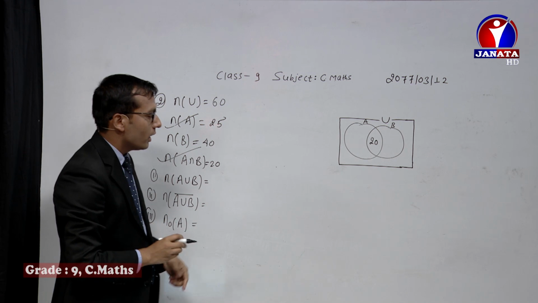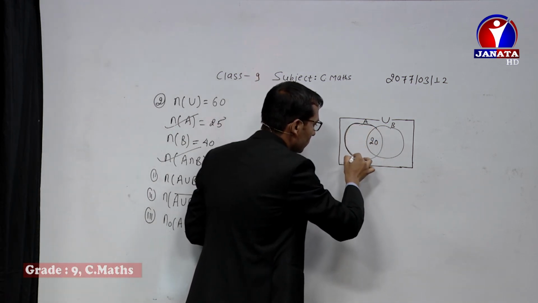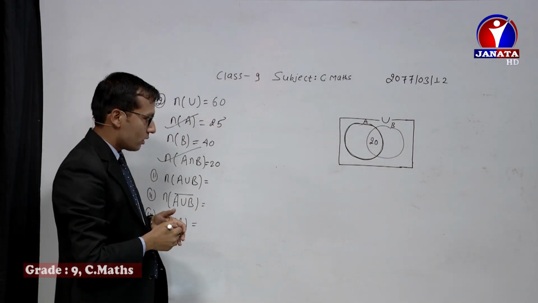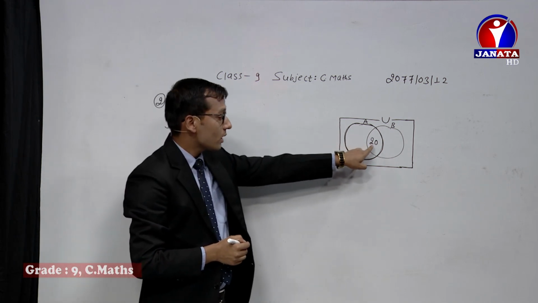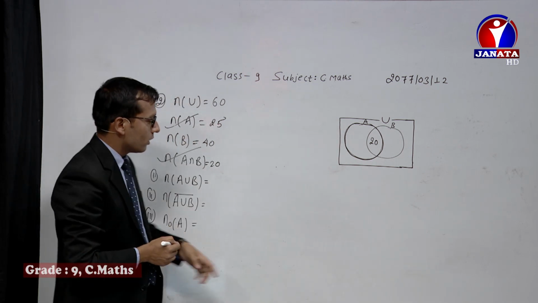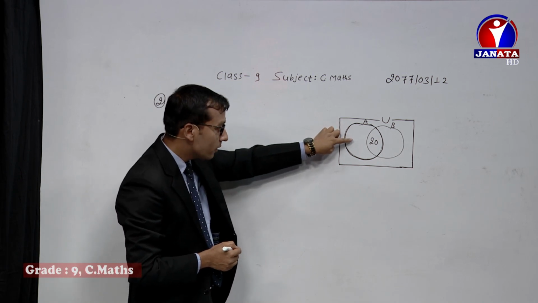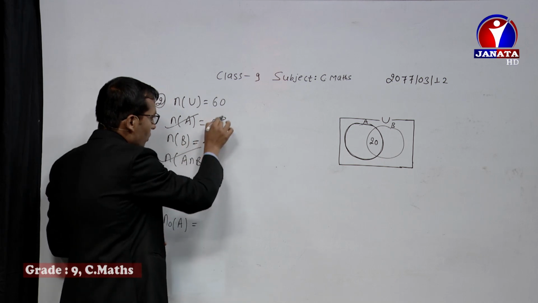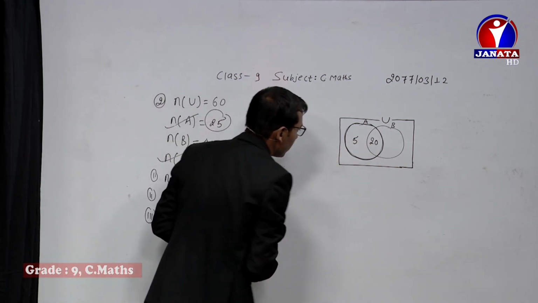Look at n of A, the complete circle in the diagram. n of A consists of two regions, n only A plus the intersection. If we deduct the intersection from n of A, we obtain the number for n only A. So 25 minus 20 is 5.